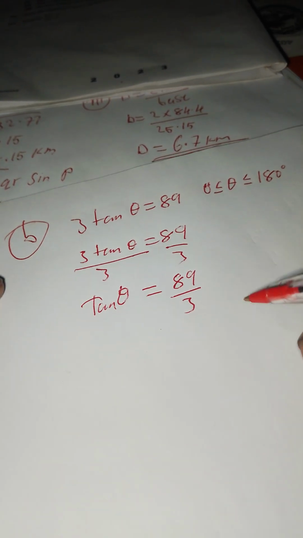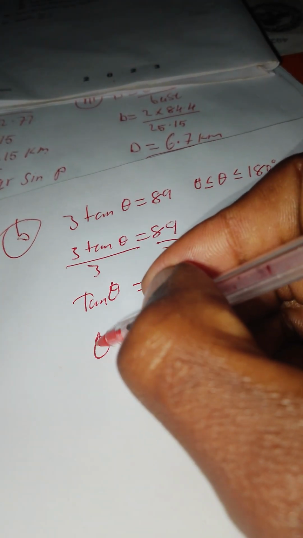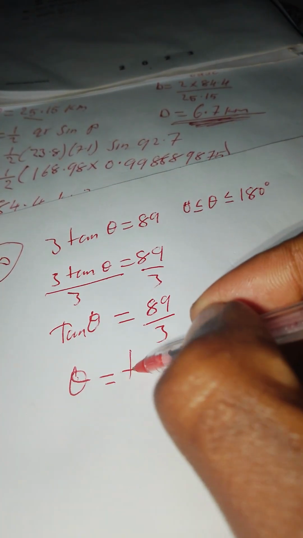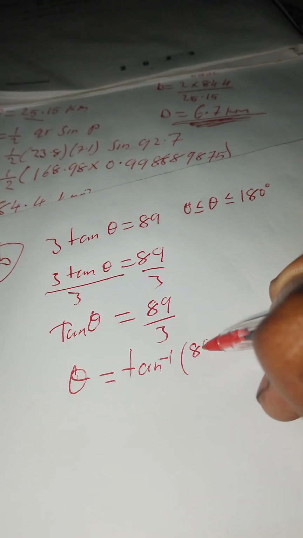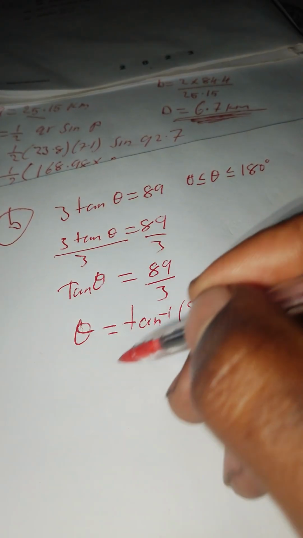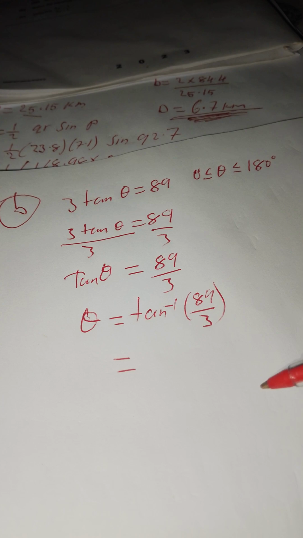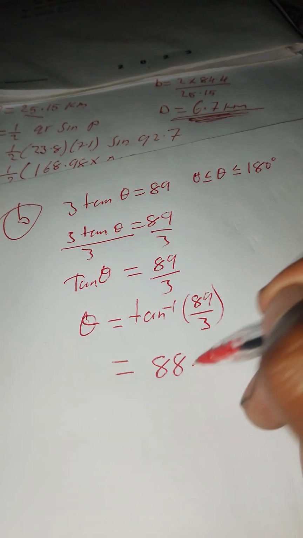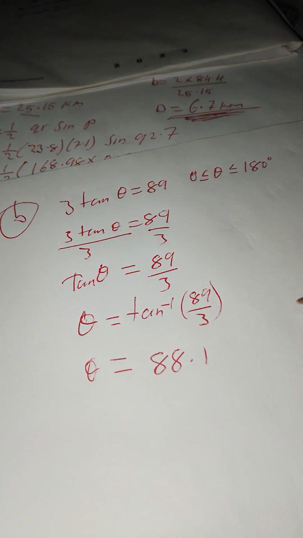Then, following the identity, theta is equal to tan inverse of 89 over 3. If you punch correctly on your calculator, this will give you 88.1. So theta is equal to 88.1.